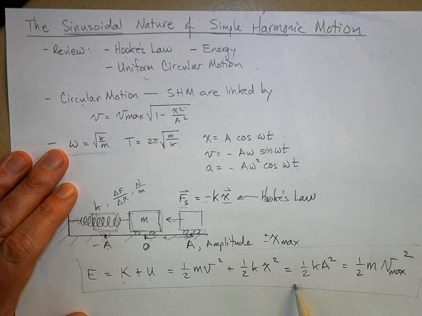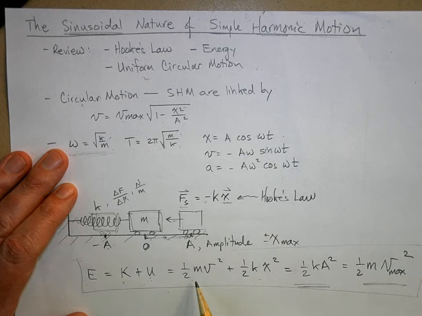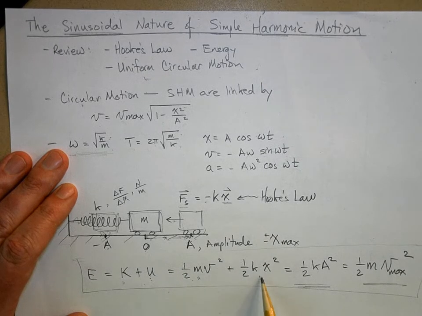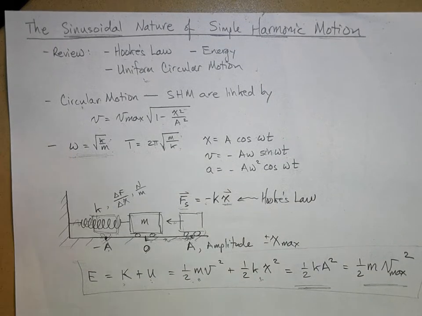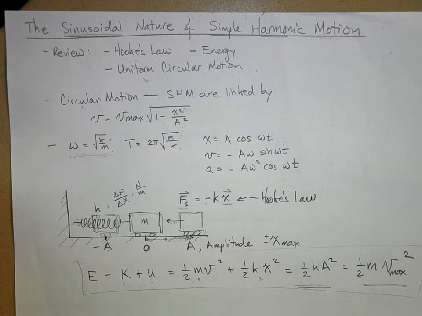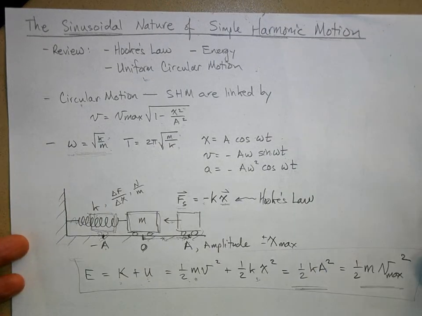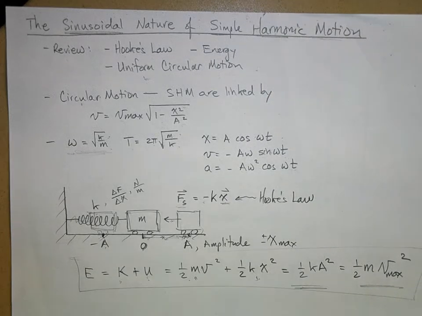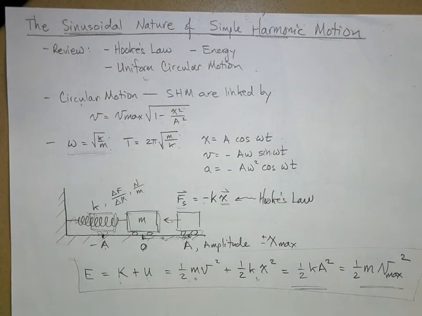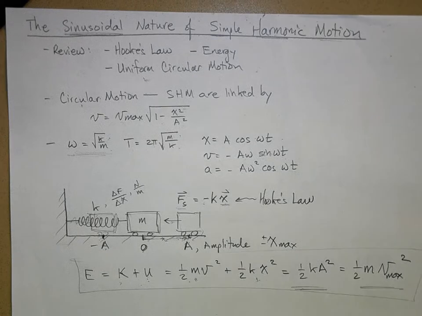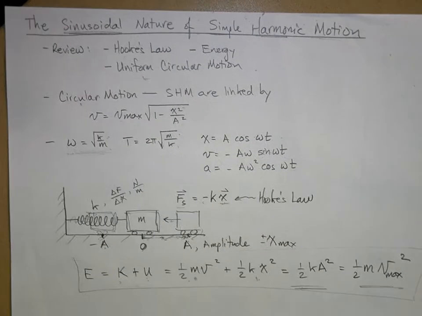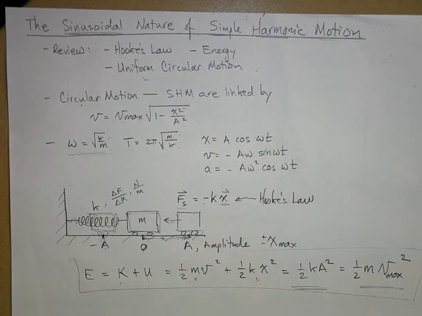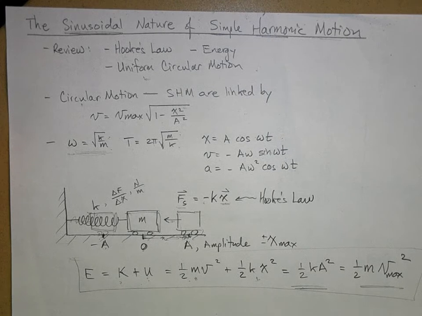These are when it's at the extremes, and this is in the very center, and anywhere in between, the energy is shared between kinetic energy and elastic potential energy. So we're going to use these ideas right here to show that this mass spring simple harmonic oscillator will be described by cosine or sine waves called sinusoidal waves.